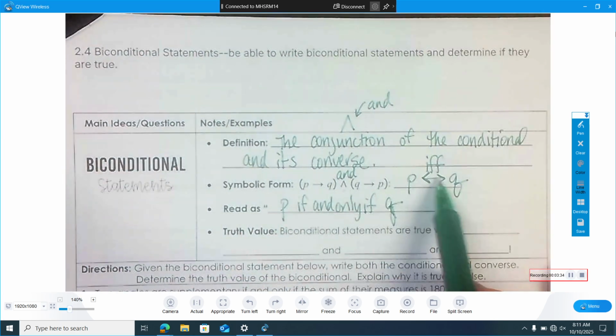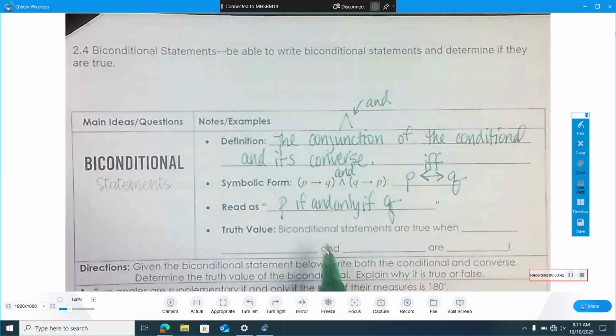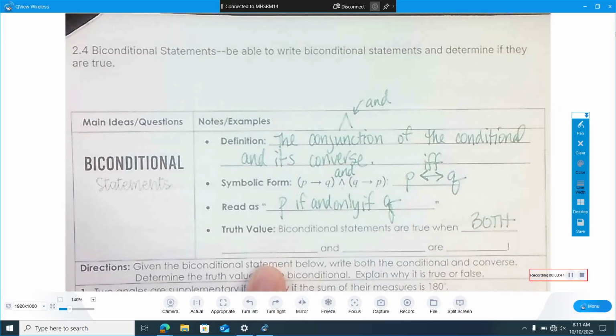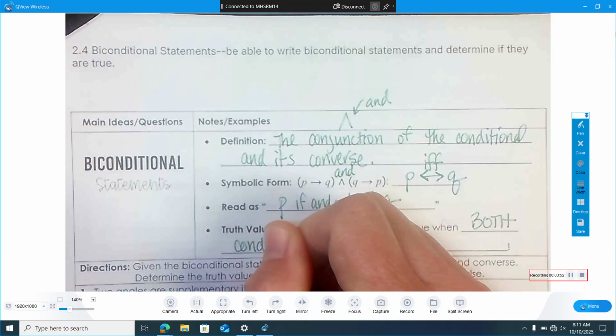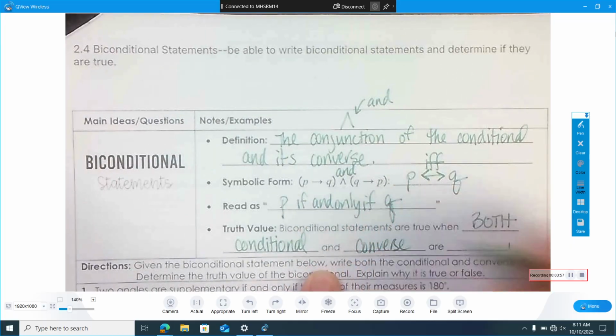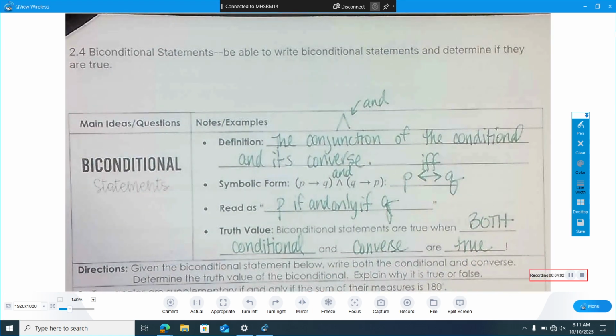So P if and only if Q is how we would read that. All right, so a truth value. The biconditional statements are true when both the conditional, C-O-N-D-I-T-I-O-N-A-L, the conditional and the converse are true. The biconditional statements are true when both the conditional and the converse are true.